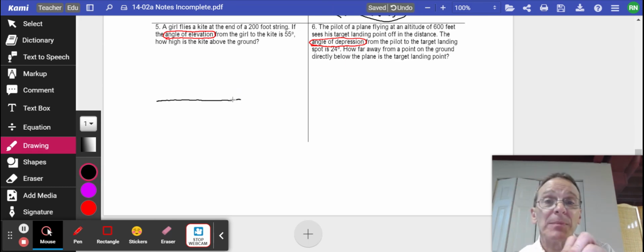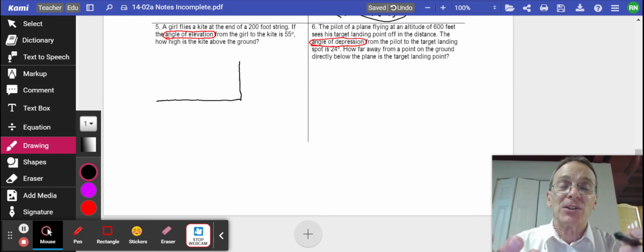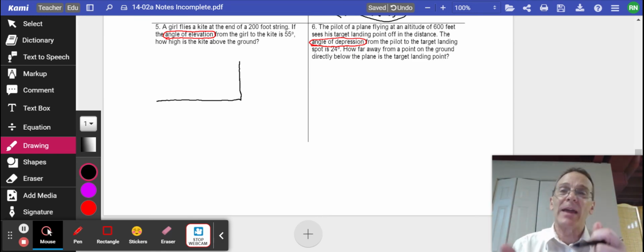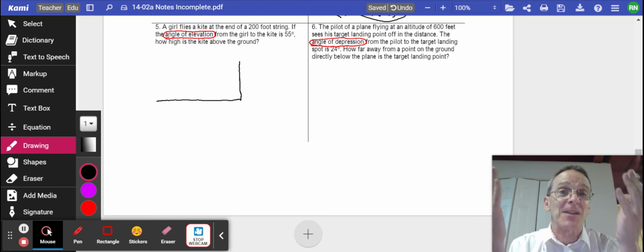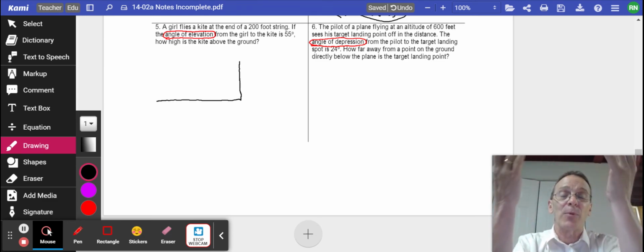And that's going to be one leg of the triangle, and the other leg is going to go upwards. The word elevation, when you ride an elevator, you can go up or down, I guess. But if you elevate something, we usually mean let's make it go up. Let's go up with it.